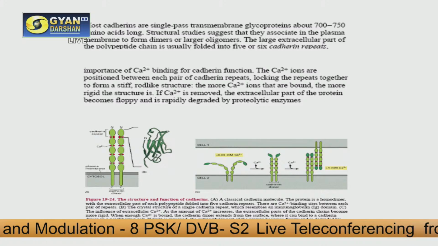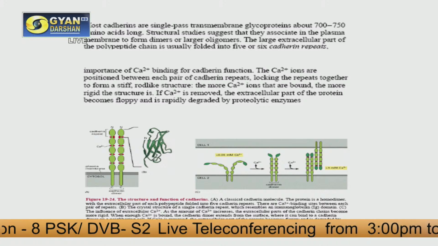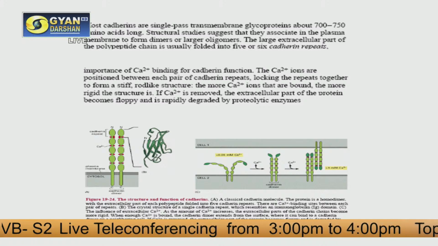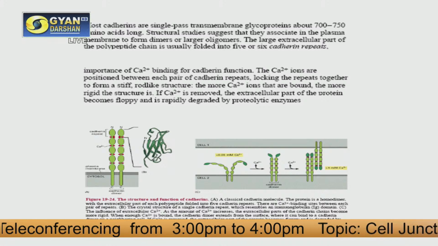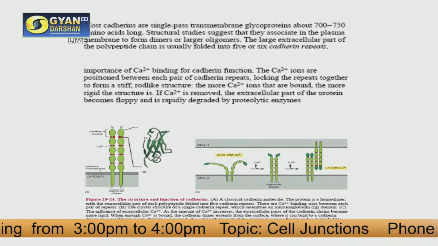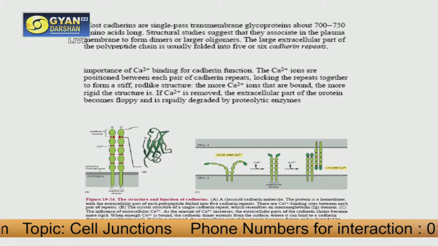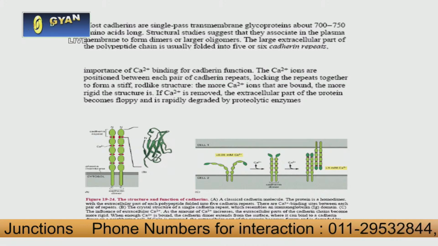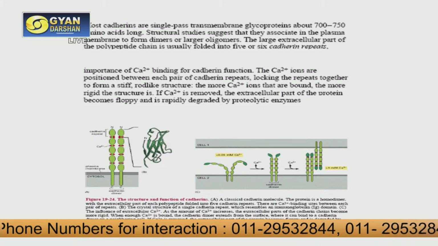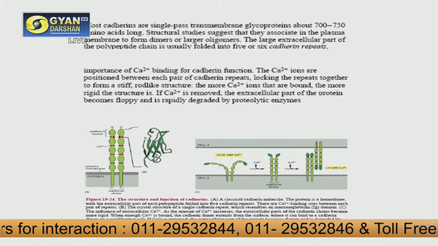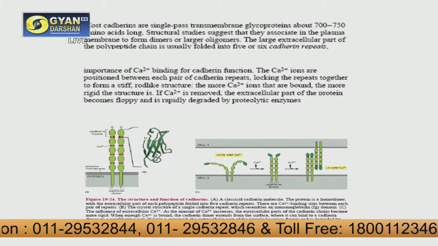See, if you now focus our attention on that green protein, the one having a head portion and a tail portion, the head portion has 5 repeats and it's a dimer.